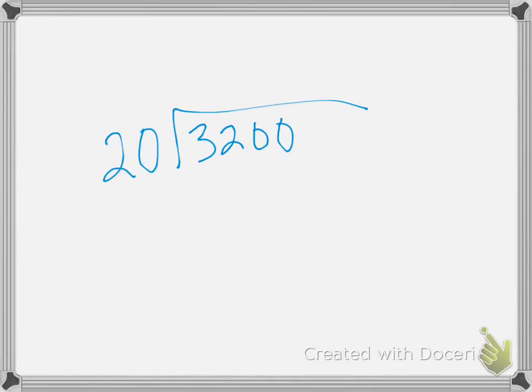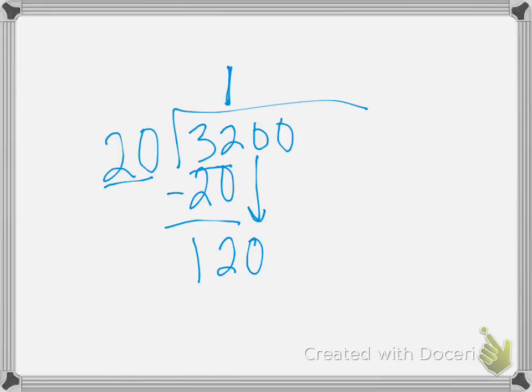So I'm going to do that on the opposite page. So I'm doing 20 divided by 32,000, or 3,200, excuse me. How many times does 20 go into 32? One time. Drop that 20 down and do our subtracting. 12. Then we go down to 120.